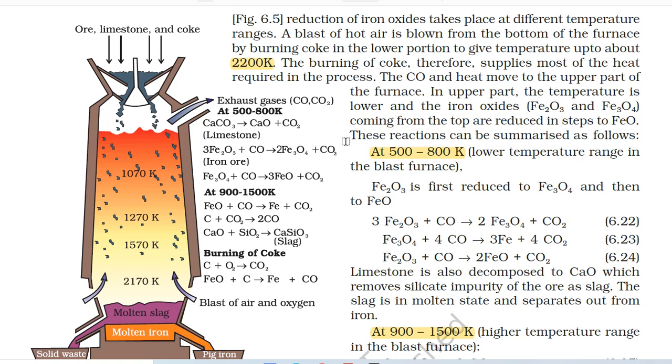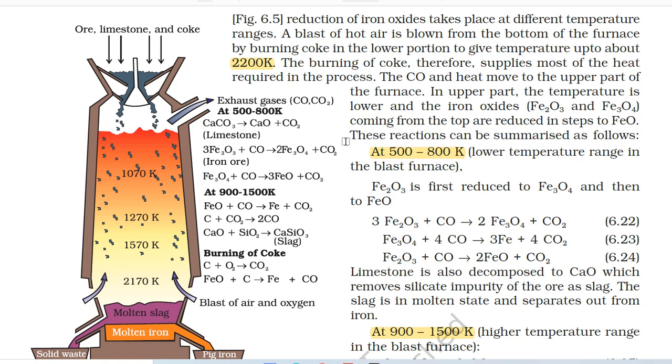In the upper part, the temperature is lower and the iron oxides Fe2O3 and Fe3O4 coming from the top are reduced in steps to FeO. These reactions can be summarized as follows.